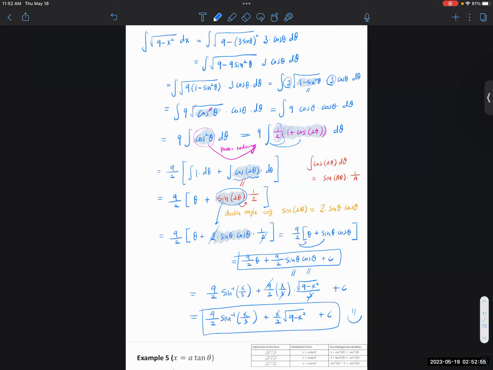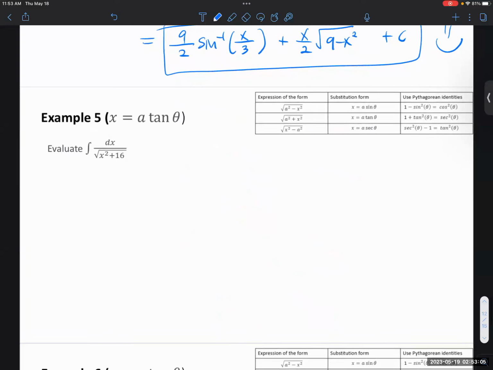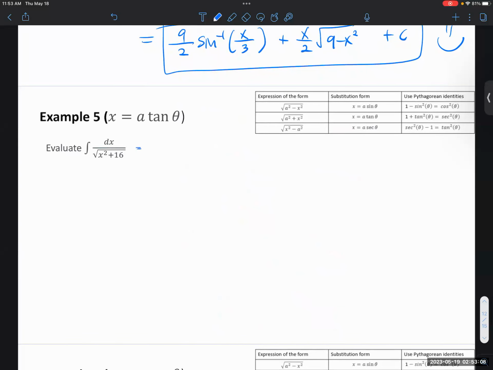I'm going to do one last example. I'm pretty sure whatever the question is now, you can do it. So I'm going to go down slowly. As you see, this is 1 over radical x squared plus 16 dx. This corresponds to the second form.